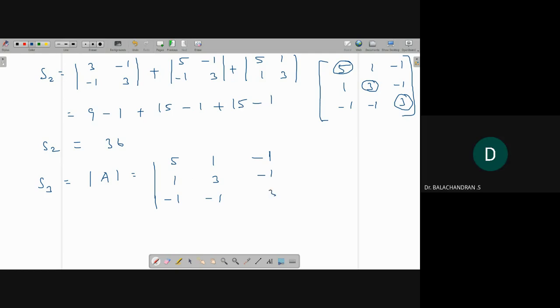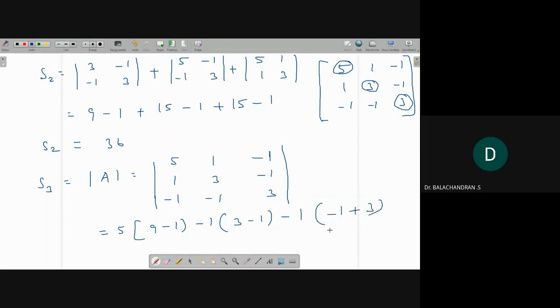Now expand this determinant. 5 into 9 minus 1, minus 1 into 3 minus 1, minus 1 into minus 1 plus 3.